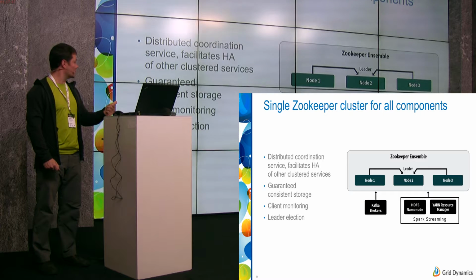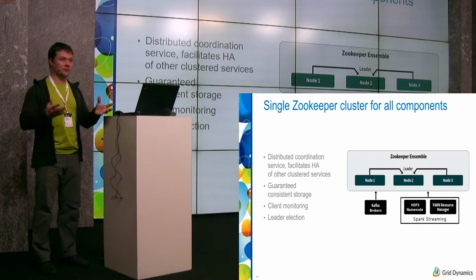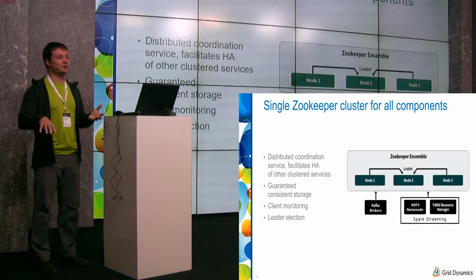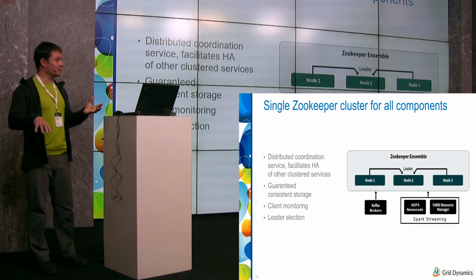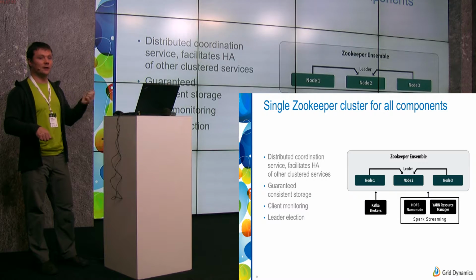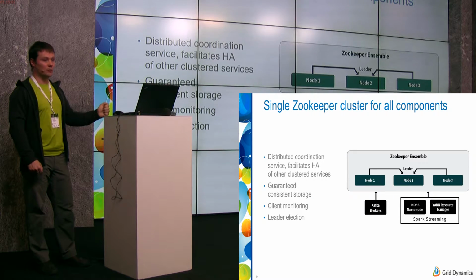Then leader election is another thing. In many cases, distributed systems go along the following lines. They have equal functioning, but one module has a leading role. If this module dies, then out of the remaining modules, you select the module that will act as a leader. That's what Zookeeper does.